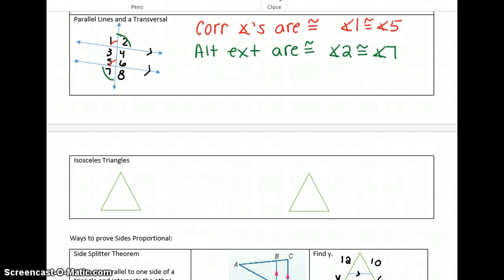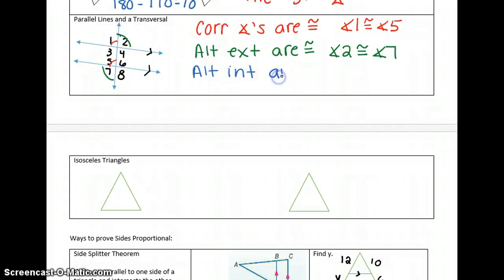One final relationship to remember with parallel lines and a transversal is alternate interior angles are congruent. Alternate interior angles are on alternate or opposite sides of the transversal and inside the parallel lines. For example, angle 3 is congruent to angle 6. Of these, the one you'll see the most is corresponding angles.